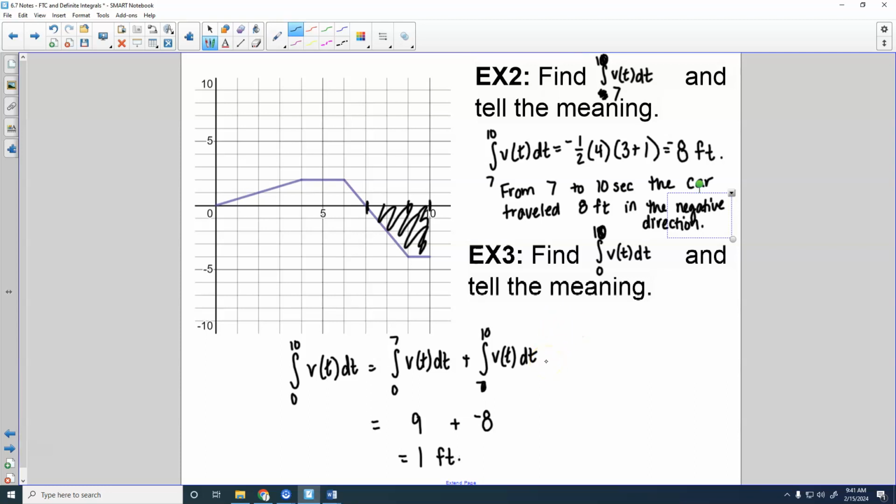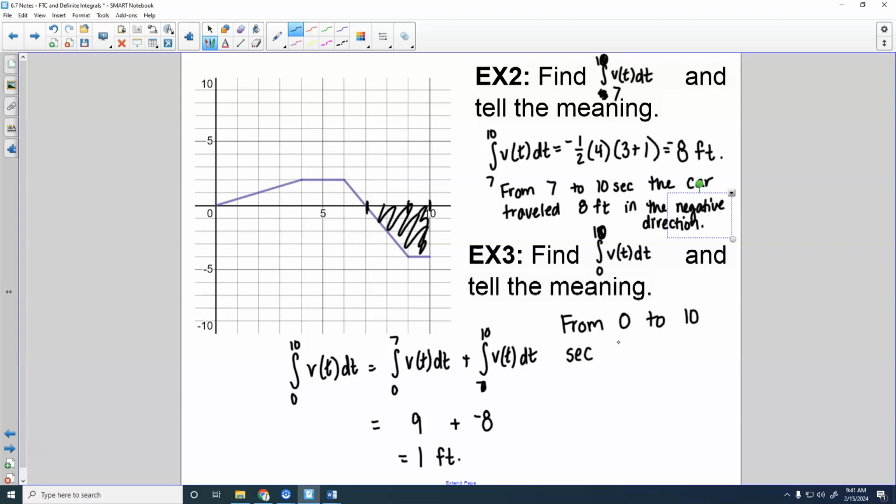So what you don't want to say here is that from 0 to 10 seconds, the car traveled 1 foot. That is false here, right? We could say that for example 1 and example 2 because the car only went one direction on that interval.